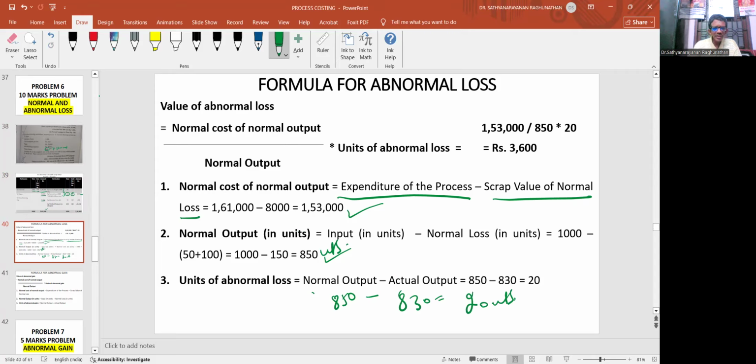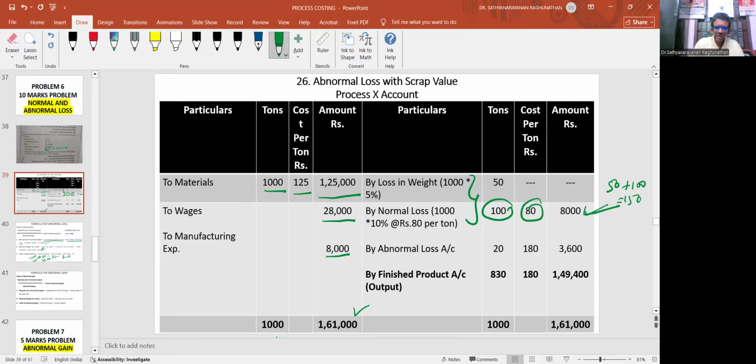Normal cost of normal output 1,53,000 divided by normal output 850 into 20. Use the calculator and check, you will arrive at rupees 3,600. Understood? That is the value of abnormal loss.